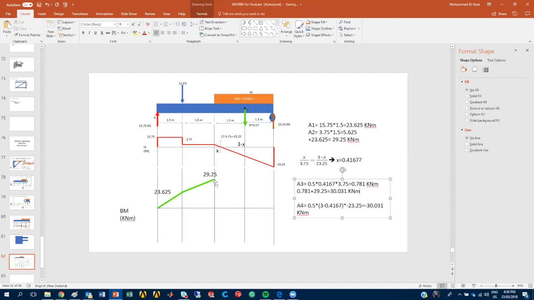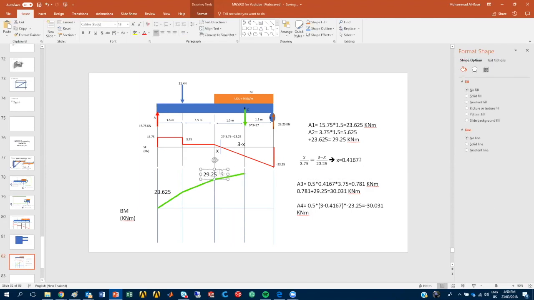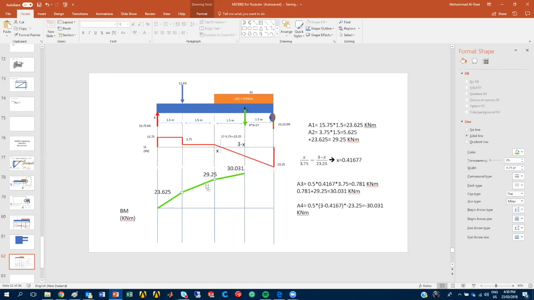And that's mean, I will continue with the green line to show you what exactly is happening. So that line will come here from that point. We'll go very slightly and stop. Again, it's a straight line. I will type that area, which is, let's call that area. What's the value for it? It's 30.031. And then I should get another one to close the bending moment diagram.